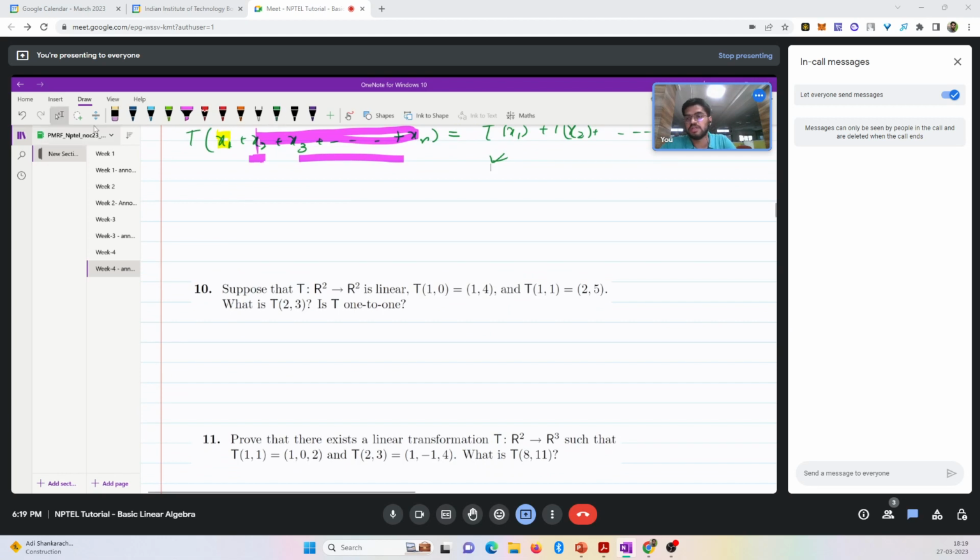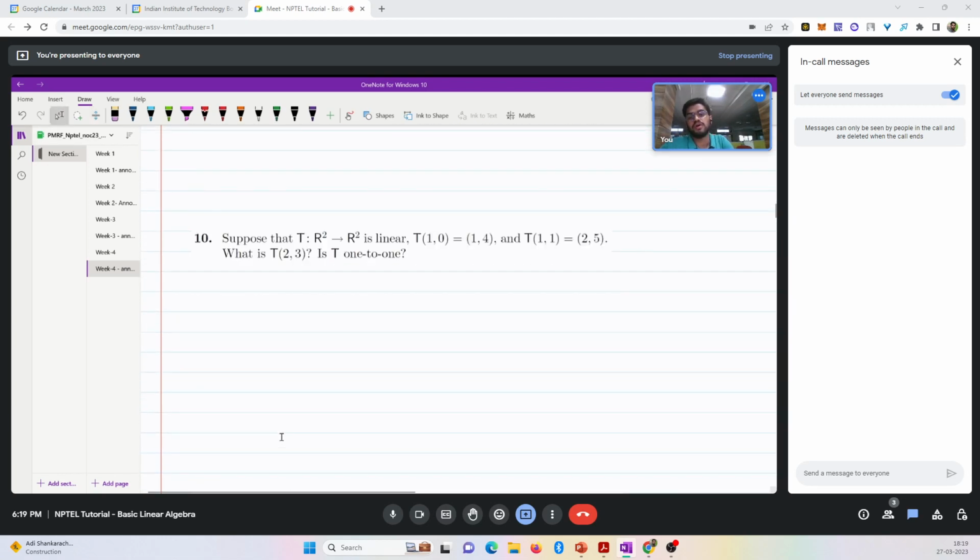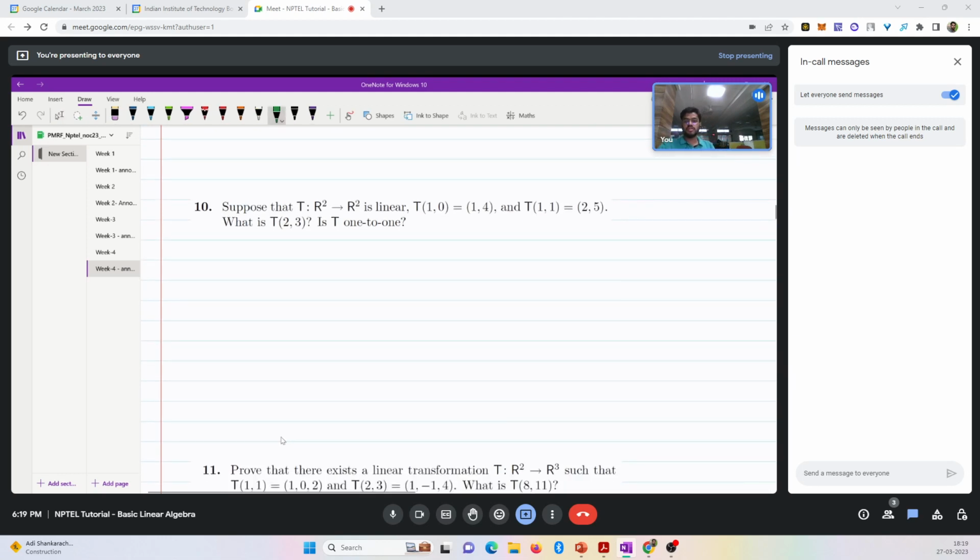We have a couple of questions related to linear transformation. As I mentioned, a linear transformation is nothing but a function. So I hope that you know what a 1-1 function is. If you don't, I'll just say what a 1-1 function is.